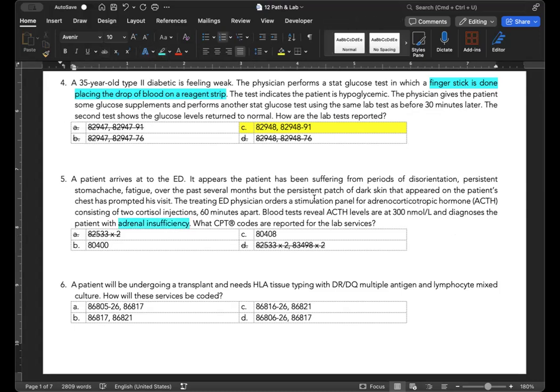Yep. So we did that stimulation for ACTH. And then it does consist of those 2 cortisol injections, which are a requirement to report that ACTH. So had they said they only did 1 cortisol injection, we would not be able to report the ACTH stimulation panel because you have to have 2 in order for that code to be supported. Does that part make sense? Yes. Okay. I know that can be a little confusing when you see the numbers underneath it.